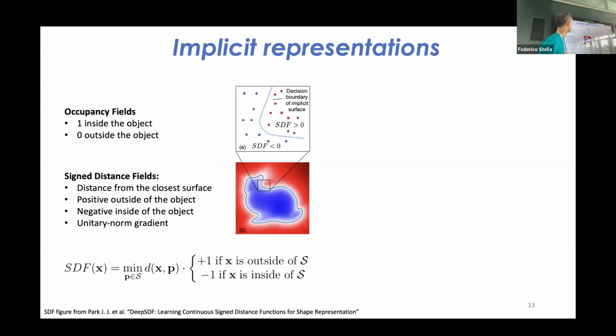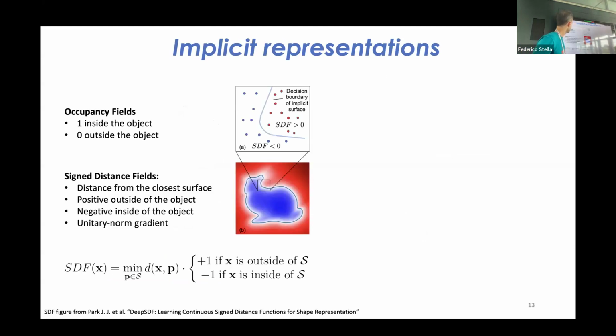So there's another approach that has started to come out recently, which is called implicit representations. So this has nothing to do with neural networks. Now, in a minute it will, but for now, no, it's just implicit representations. What do I mean? For example, we can define in space a field called occupancy field, which is 1 if a point in space is inside the object, or 0 if it's outside the object.